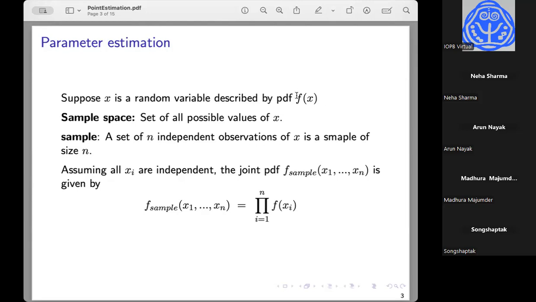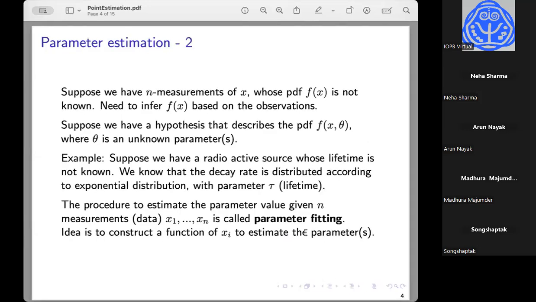Given f of x, which is the PDF, getting that particular event is f of xi, and then getting all these n different observations. So it's a product of these probabilities. Now, imagine that we have n measurements of x, but the PDF is not known.